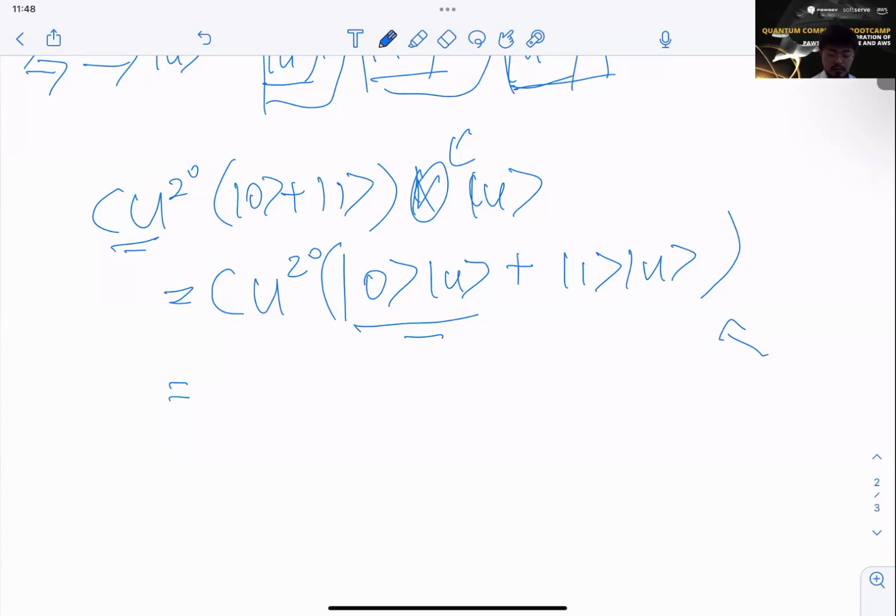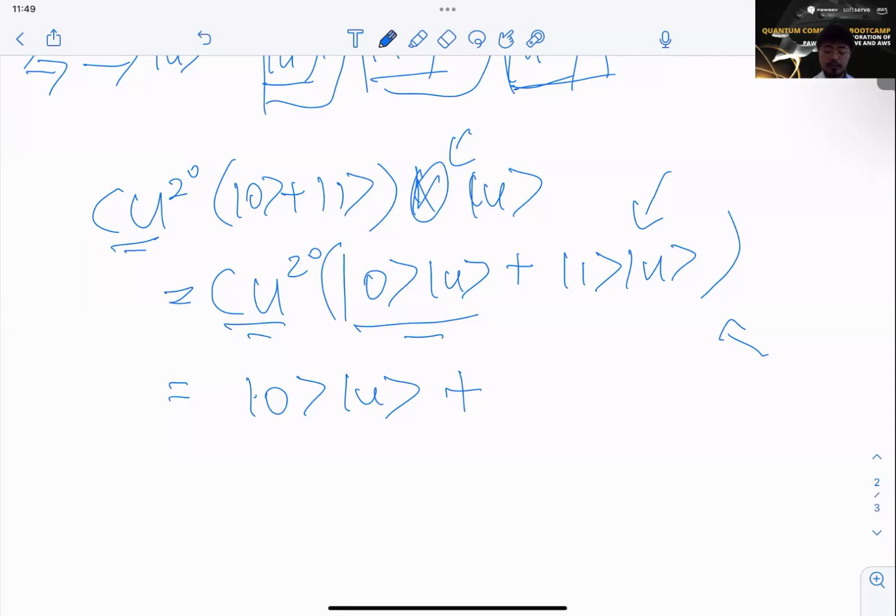The first one just gets 0U. Now it gets more interesting with the second one, because when you apply this control operator to this one, you are effectively applying U to the power of 2 to the power of 0, which is just normal U to it.